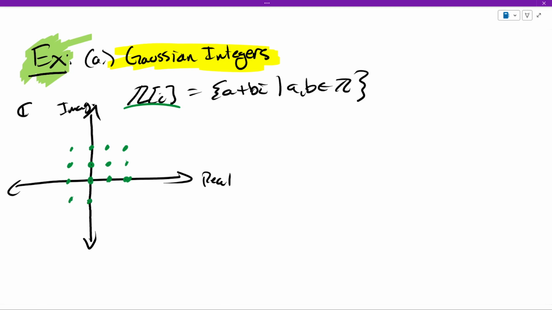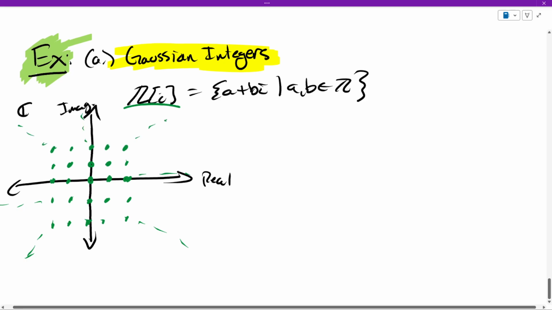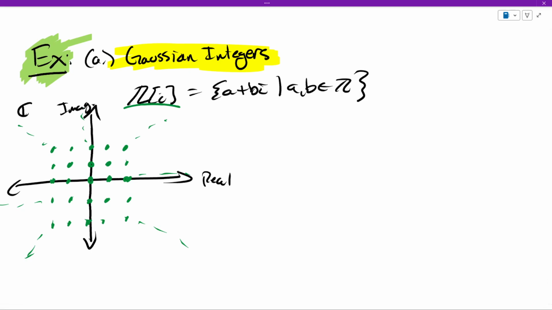So these green points represent the Gaussian integers, and that just goes on forever, to infinity in all directions. This is sometimes also called the Gaussian lattice.